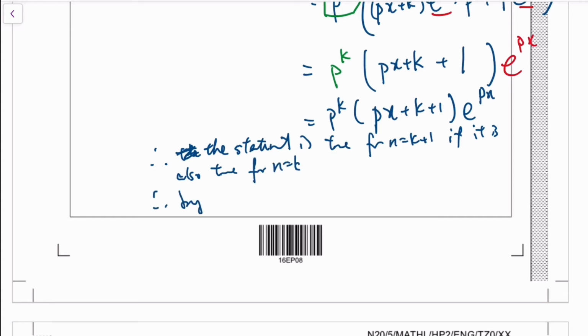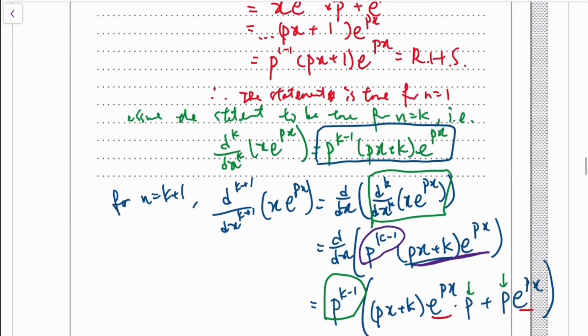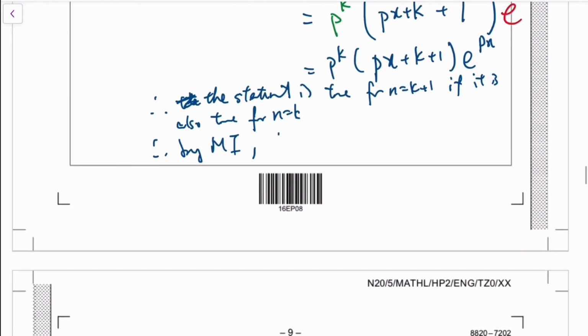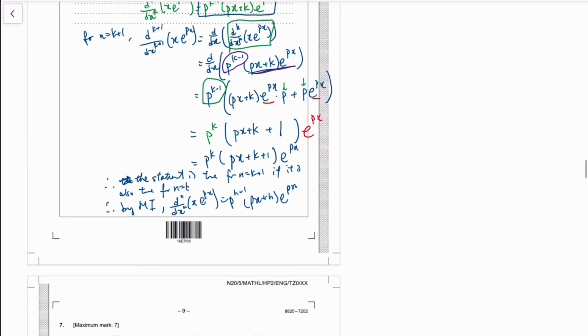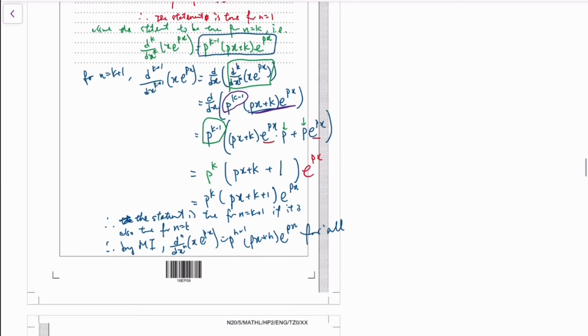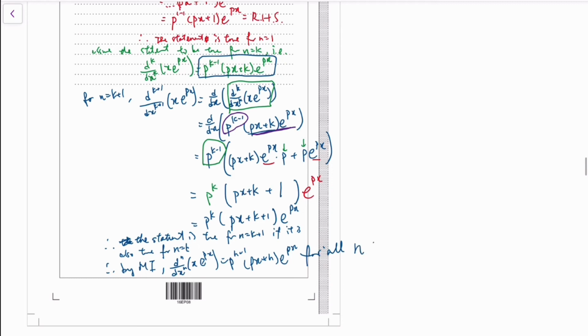Therefore, by the principle of mathematical induction, you copy the question, the nth derivative of xe to the power of px would equal to that, for all positive integers.